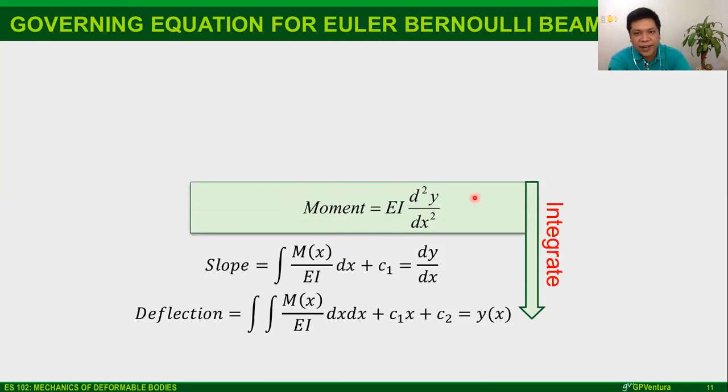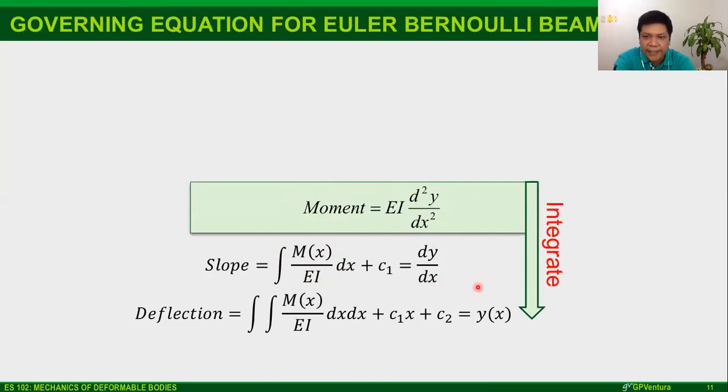Because if I integrate the moment function over here, d squared y over dx squared, I get dy over dx, which is equal to the integral of M(x) over EI dx plus, please remember, if I integrate, meron po tayong constant of integration.